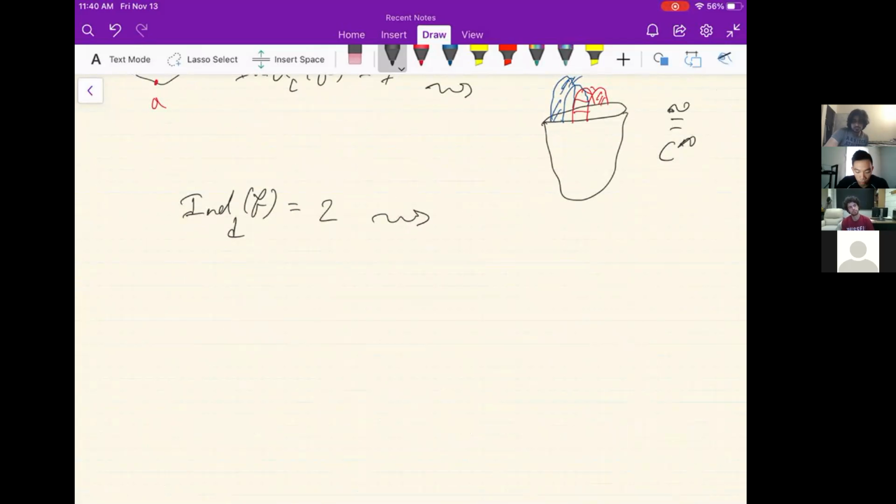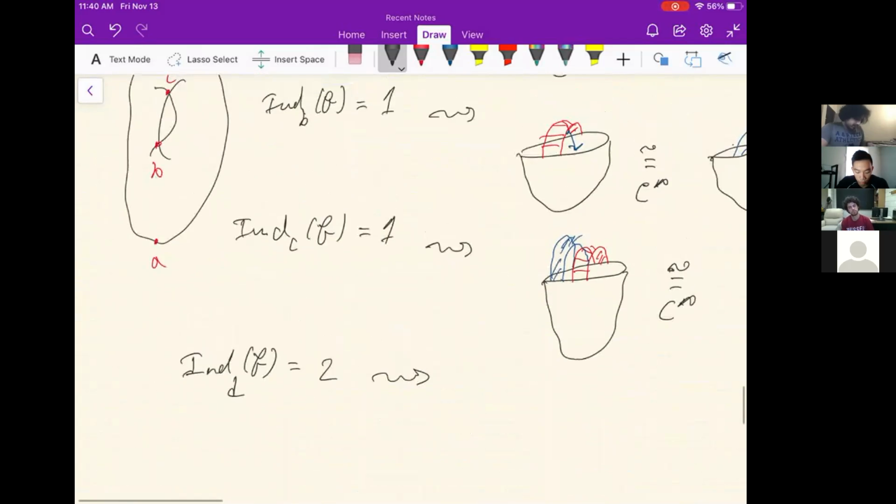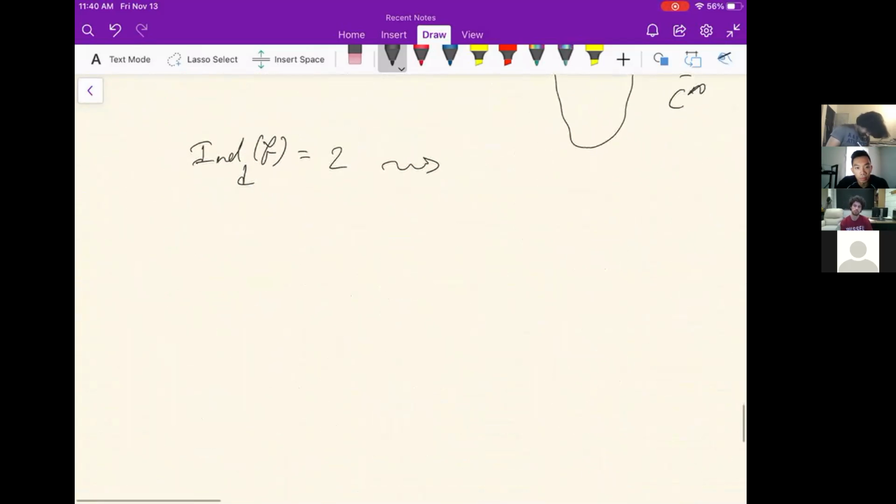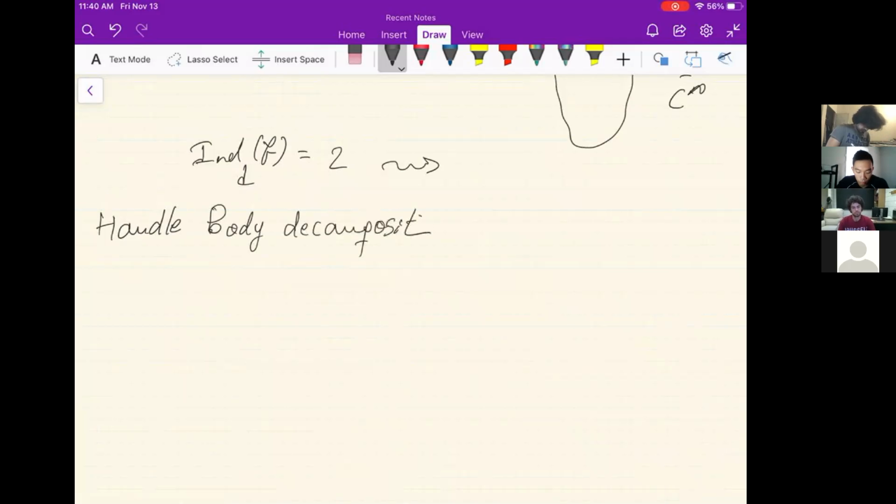And this construction is actually called the handle body decomposition of M. And in fact, it's a theorem that the handle body is actually diffeomorphic to the smooth manifold itself.